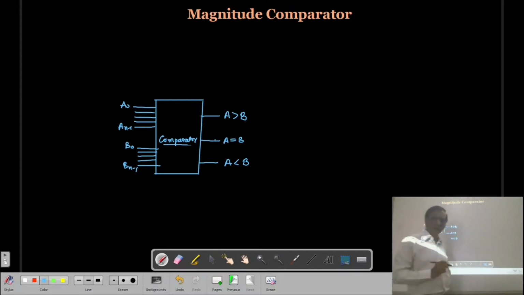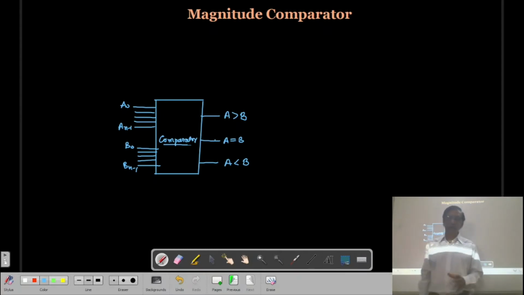Here we will first discuss, if we have a 1-bit number, how the outputs will be generated and how we can design the circuit. Then we will discuss a circuit for a 2-bit comparator.